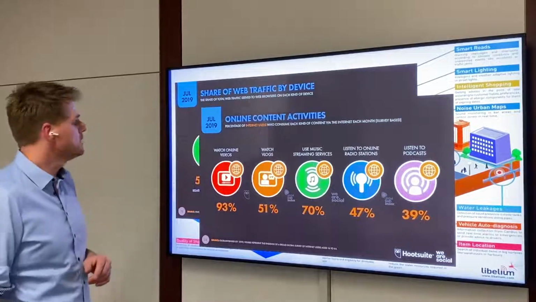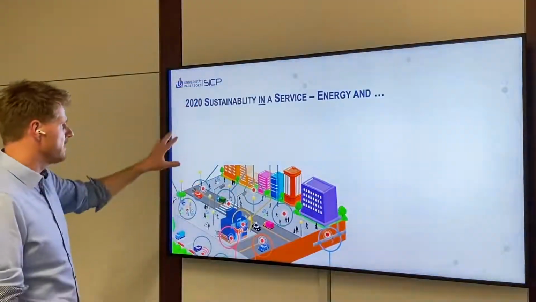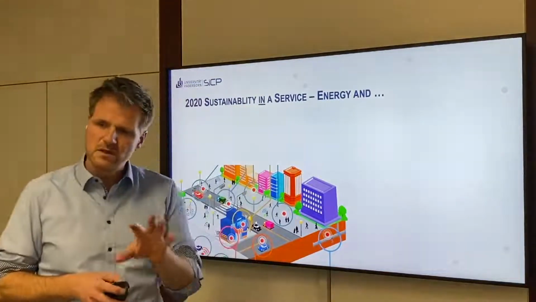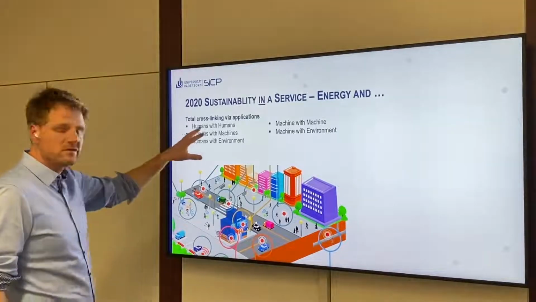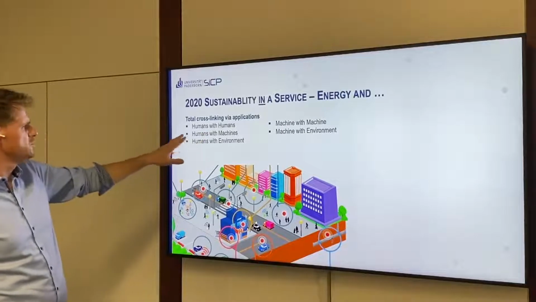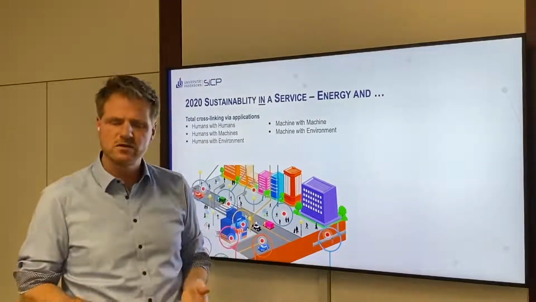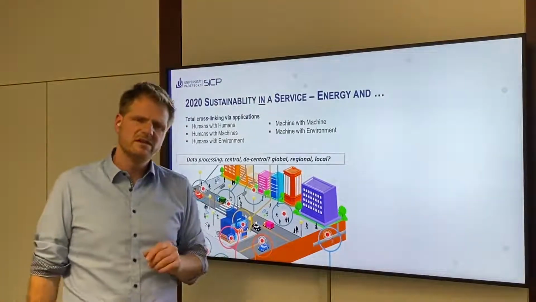This is a huge number. The most important part here is that everything was cross-linked: humans with humans, humans with machines, humans with environment, machine with machine, machine with environment. So everything was cross-linked, and the question is, where should we process the data?